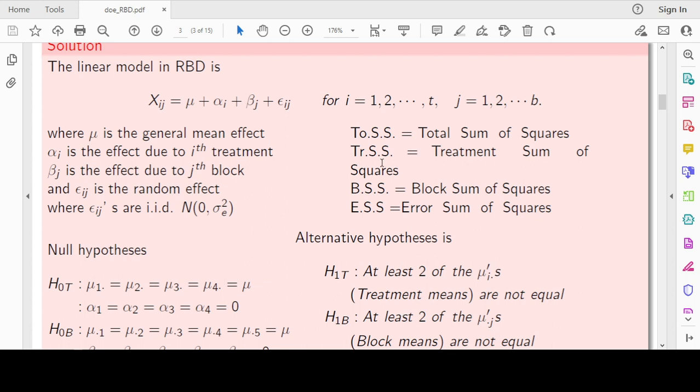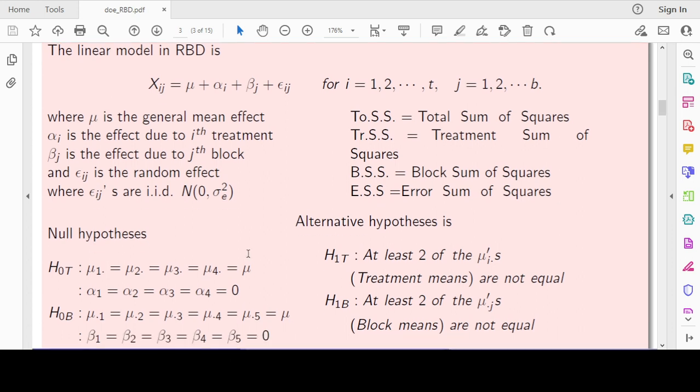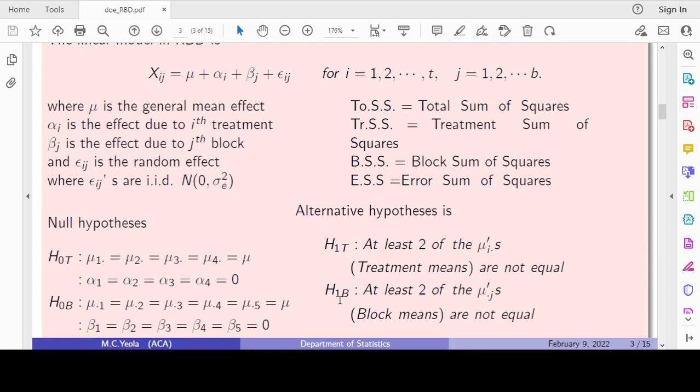Here we are using notations TOSS for total sum of squares, TRSS for treatment sum of squares, BSS for block sum of squares, and ESS for error sum of squares. We have two null hypotheses, because we are testing blocks and treatments.